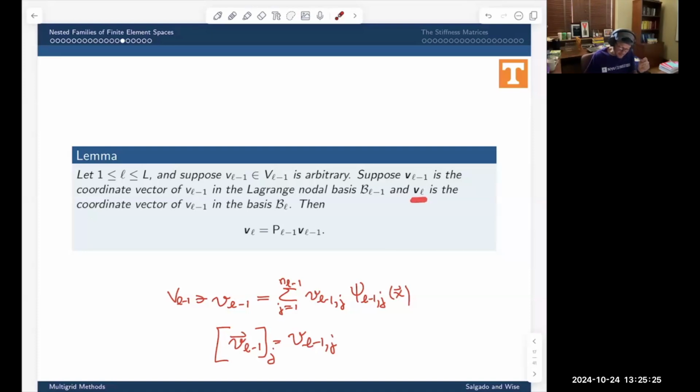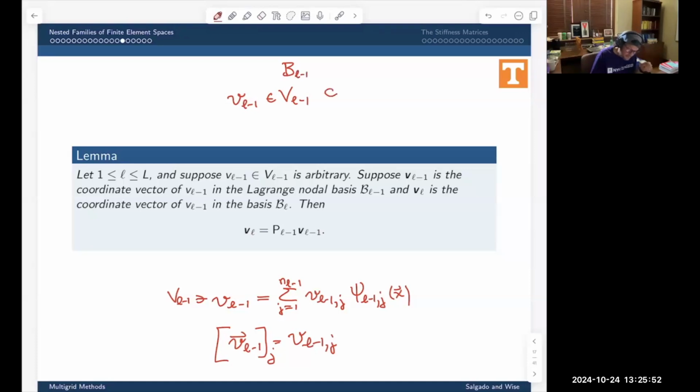Suppose that boldface v_L is the coordinate vector of this same function, but written in this basis. Now, does this make any sense to you? I hope it does, because look at it this way. v_{L-1} is an element of V_{L-1}, so this has the natural basis B_{L-1}.